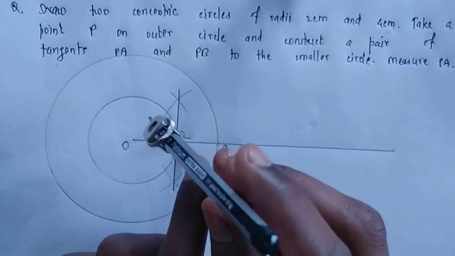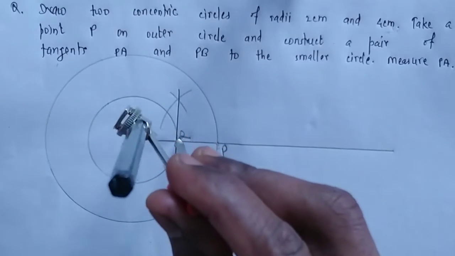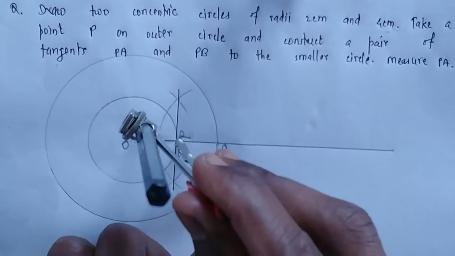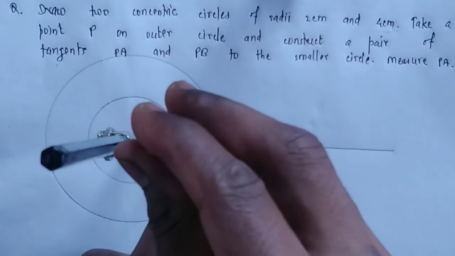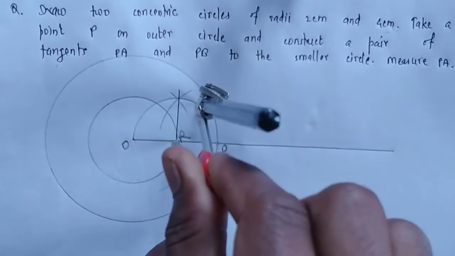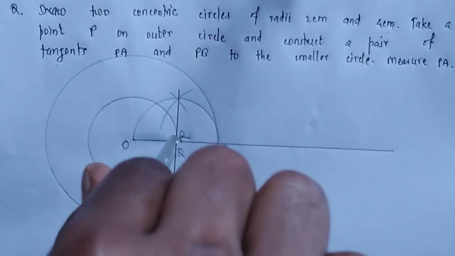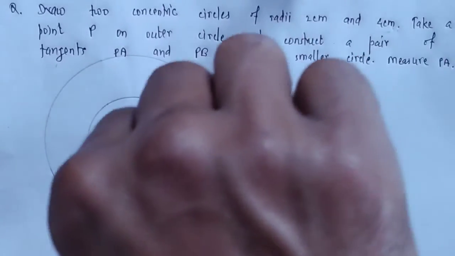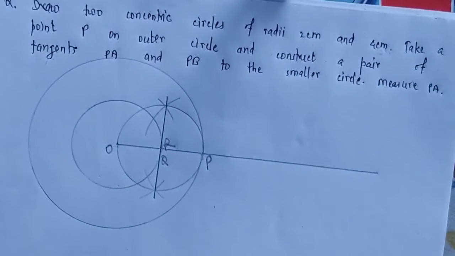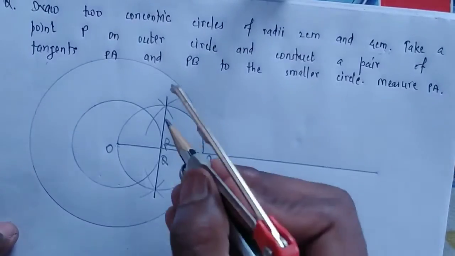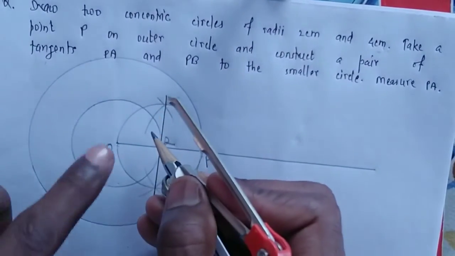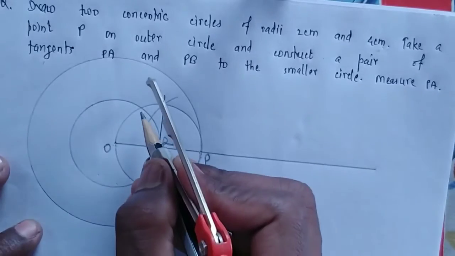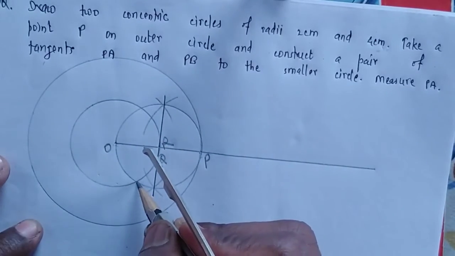So considering R as center and RO or RP as radius, we have to draw a circle. This is the circle I got. Now this circle cuts the smaller circle at this point and this point.